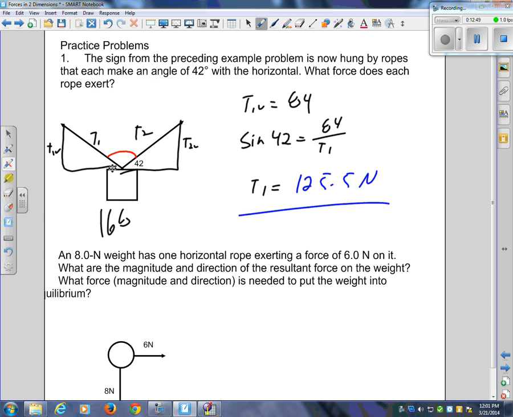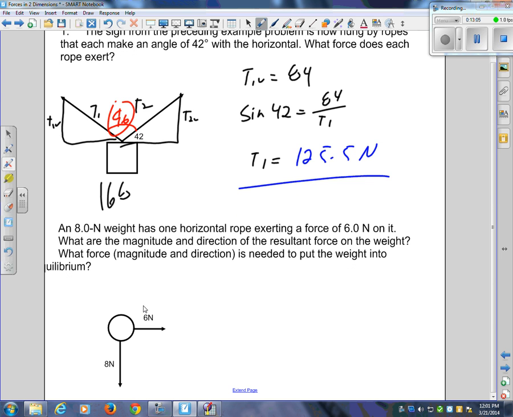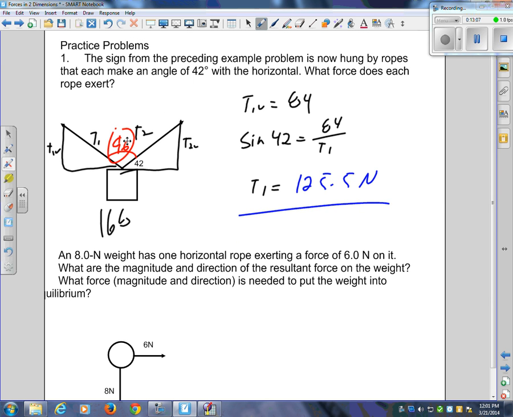Yeah, 180 minus two different 42s, so it would be 96. So you'd have to be able to convert that. You'd have to go 180 minus 96, would give you 84, and then divide that by 2.